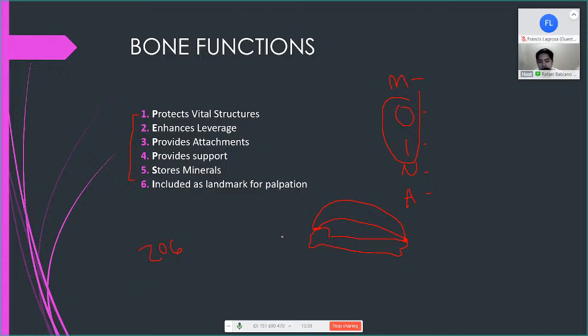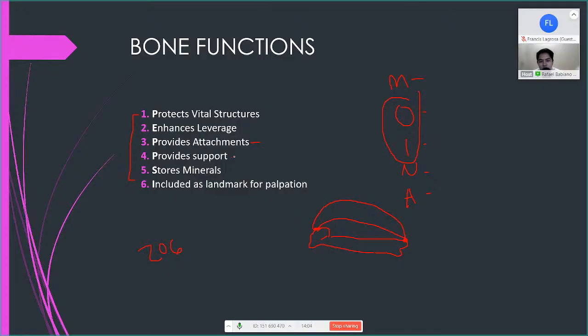But there are also specific parts of the bones, like the head, or the neck, or the condyloids, the condyles. There are different parts of your bones, but you will learn that when you go to second sem. For now, as I said, just the names of the bones. So that's for the attachments. Then it provides support.